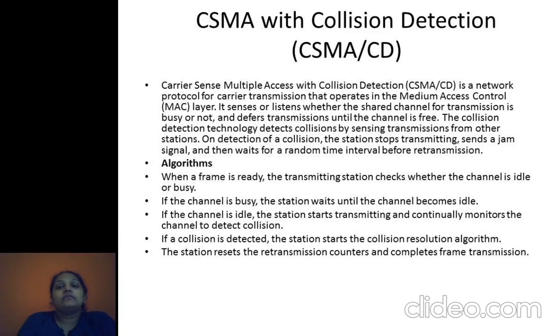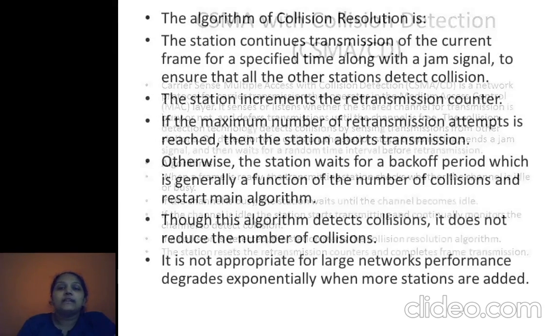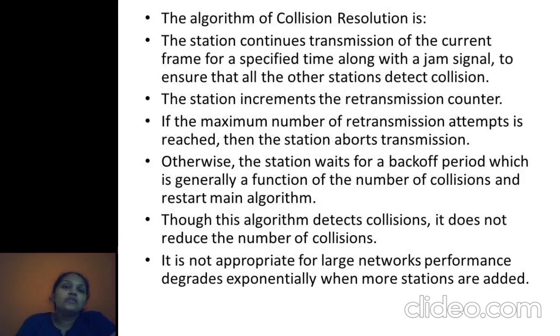He checks whether the data is properly sent from sender to receiver side or not. If a collision is detected, the station starts the collision resolution algorithm. The collision resolution algorithm is used in CSMA/CD, and it starts after CSMA/CD finds that a collision has happened.